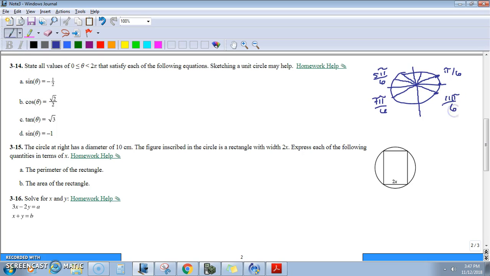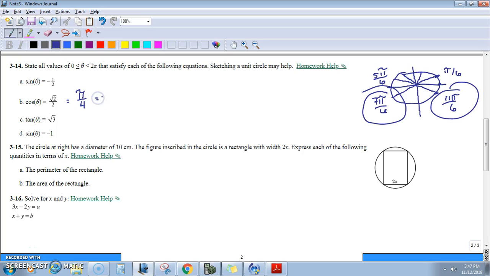Pi over 6. But it wants negative 1/2, so it's only going to be those where my sign is negative, where my y value is negative. So those two values there. The cosine of the square root of 2 over 2 is going to be pi over 4, right, which is 45 degrees. That's where cosine and sine are both square root of 2 over 2.